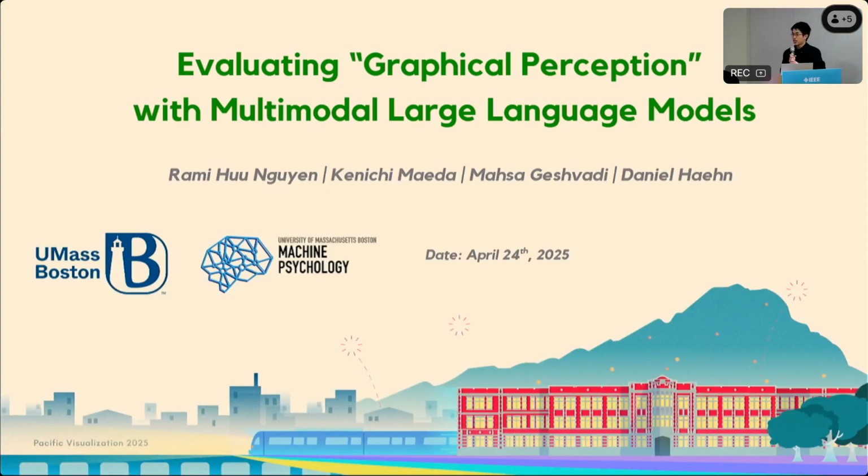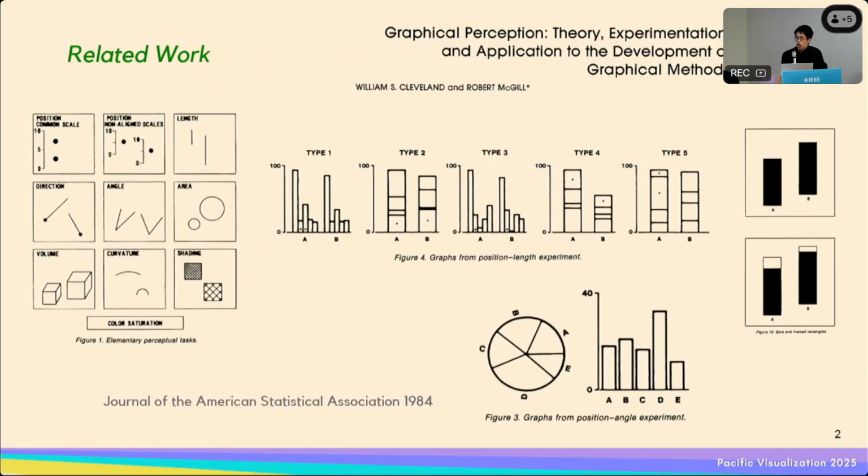Anyway, the research I'll be sharing today is evaluating graphical perception with multimodal large language models. Our work builds on the famous graphical perception study by Cleveland and McGill from 1984. Graphical perception here means the human capacity to interpret information on visualizations such as charts or graphs.